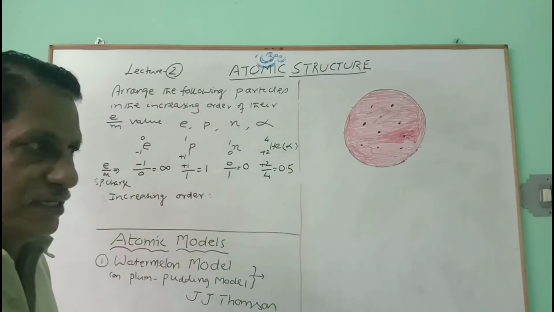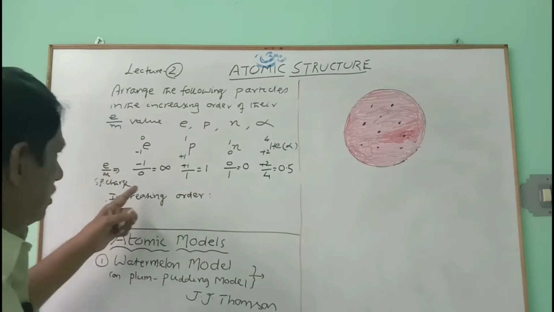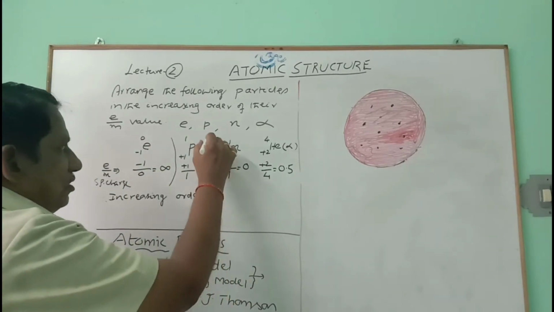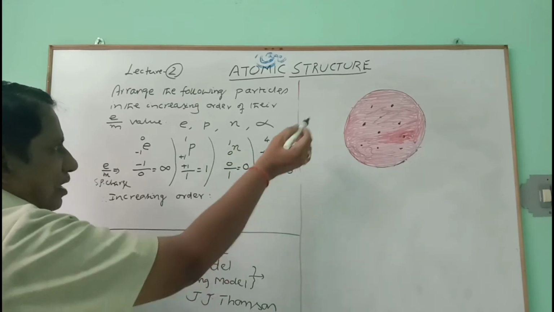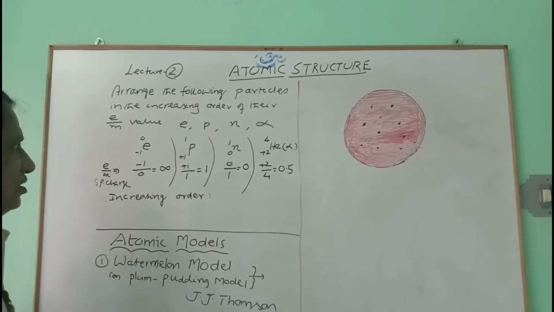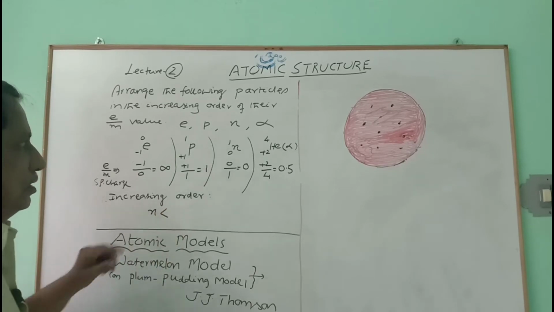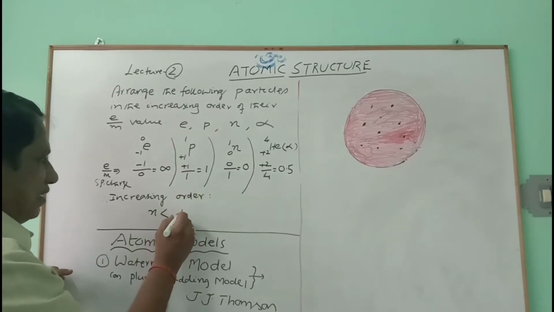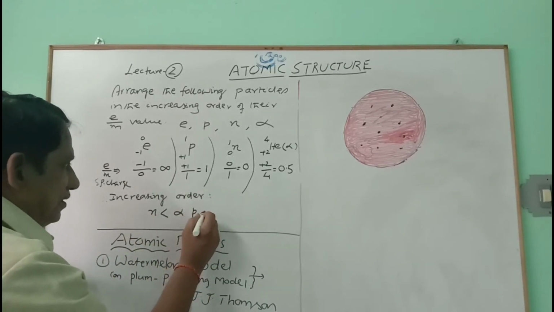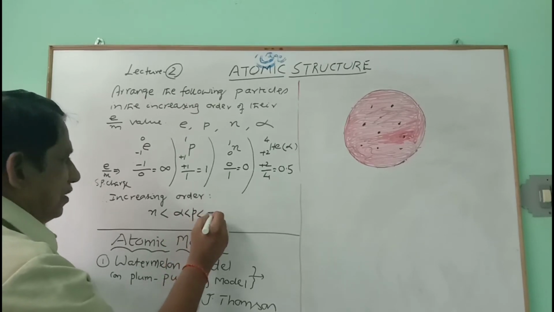So these are the values that can be assigned by taking the relative values for e and m. Comparing, electron has infinity, the highest value, proton is 1, neutron is 0, and helium is 0.5. Written in increasing order: first 0, that is neutron; next comes helium, alpha, 0.5; next proton; and next electron.